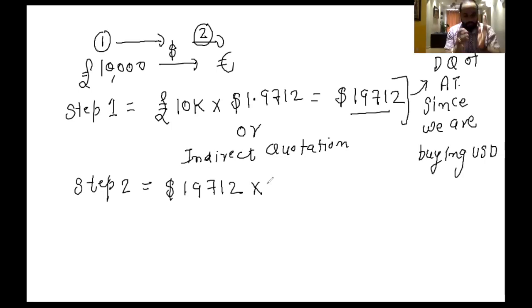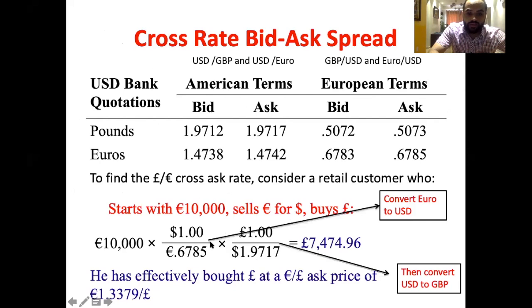So now what we are doing here, we are buying euro. If you are buying euro, simply use indirect quotation for American terms or direct quotation of euro terms, buy, which is bid. So let's have a look. So you can use this, as I said, or the bid of European terms, right?